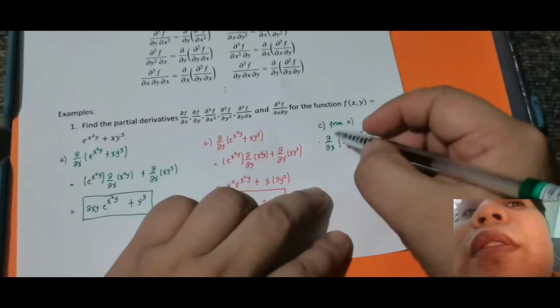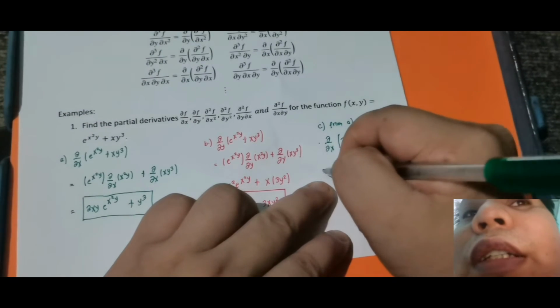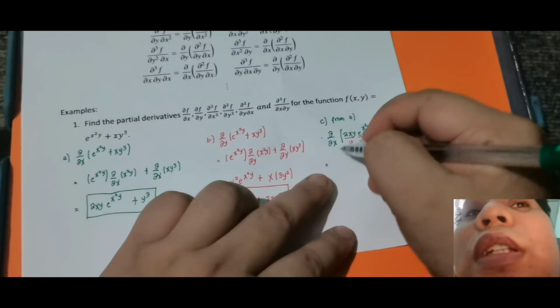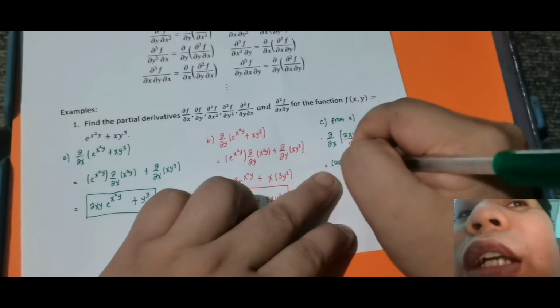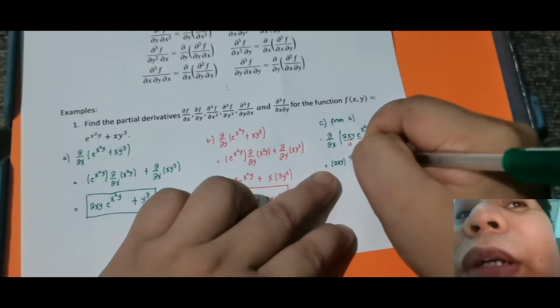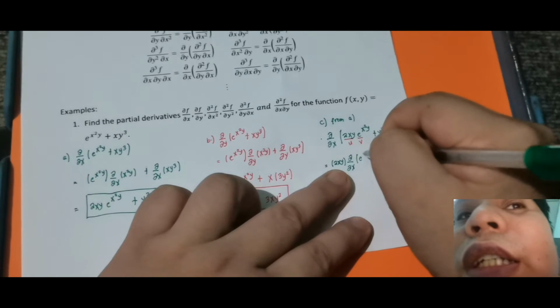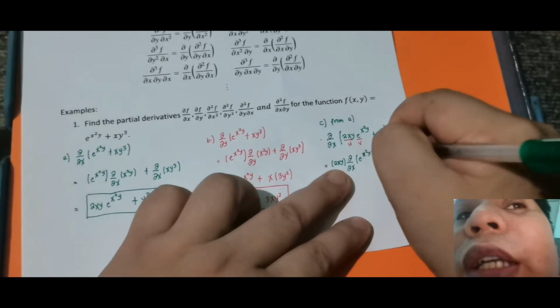Kasi y na lang siya, y cube na lang. Okay, so ano mangyayari? This is just equal na lang sa partial derivative. So, u db. So, this is just copy si u, which is 2xy. Okay, then partial with respect sa x. So, db. So, this is just e raised sa x squared y.